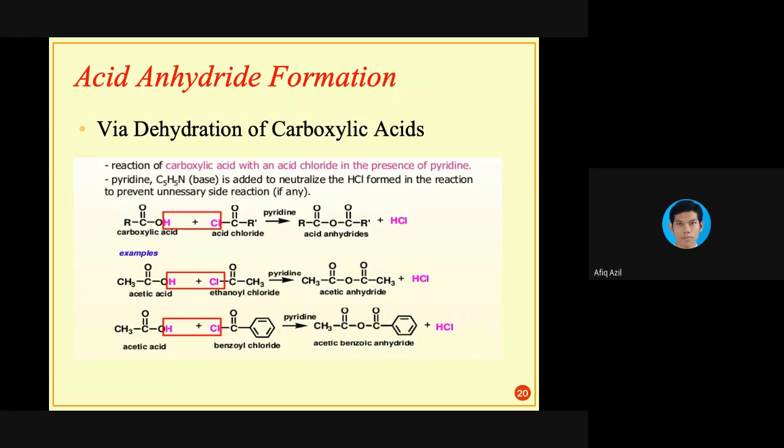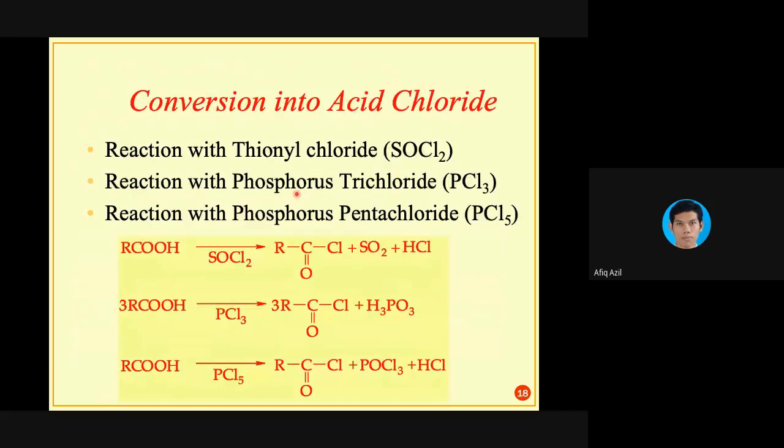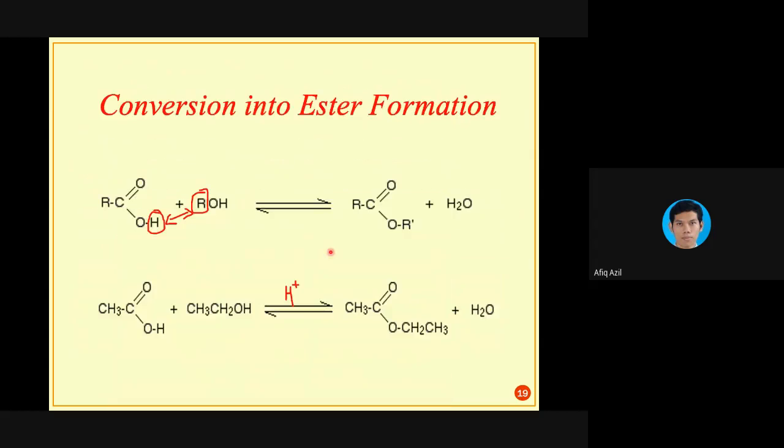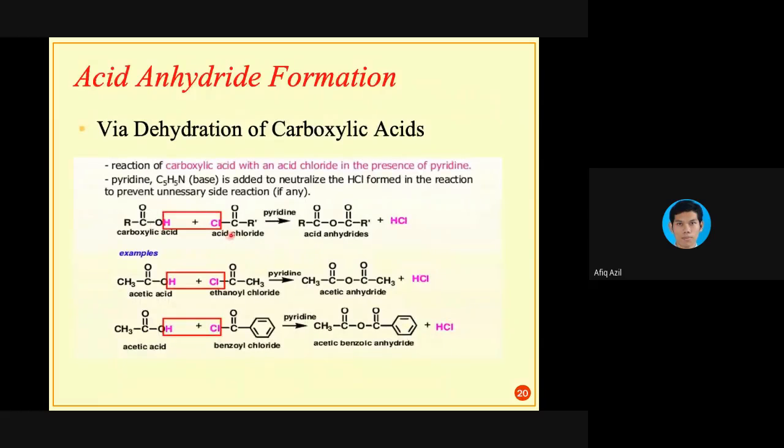So where are you going to obtain this acid chloride? The acid chloride can be prepared first using this method. You have to convert the carboxylic acid into acid chloride, then only can you mix it together in the presence of pyridine to obtain an acid anhydride.